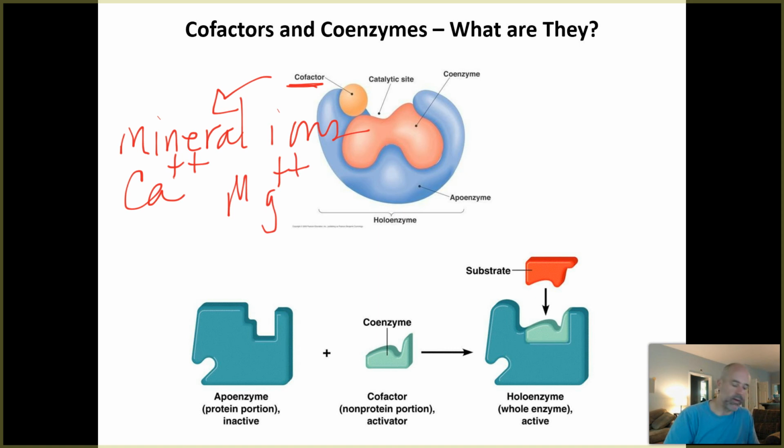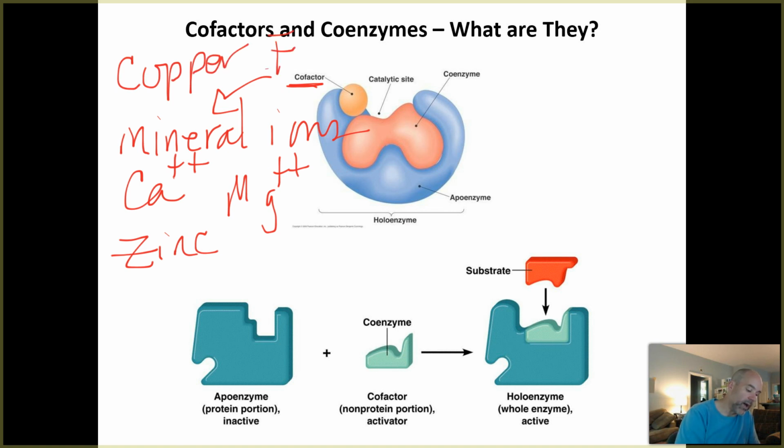Or maybe you've heard before that humans need small amounts of things like copper and zinc, iron. Remember Fe for iron. Those are examples of things that cofactors can be. They're usually ions of some type. And if you don't have the cofactor there, the enzyme is not going to work without it.